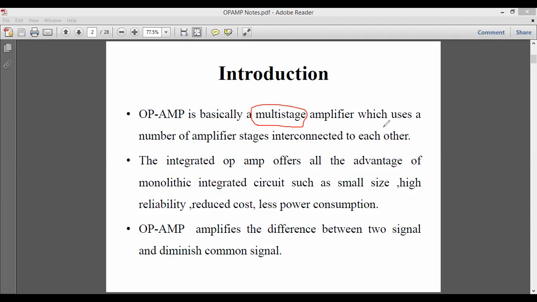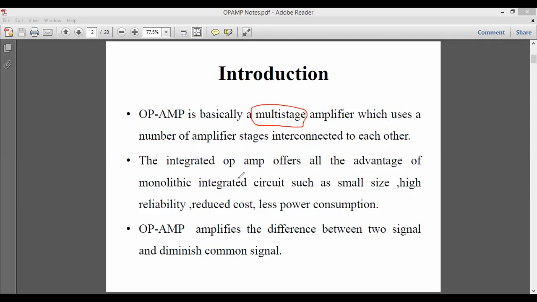Is there any change in the output results, or any change in the performance of the electronic device if I make use of multi-stage? Soon we will try to see and justify what is going to happen if we make use of the multi-stage amplifier. So basically it's a multi-stage amplifier whose stages are connected with each other.